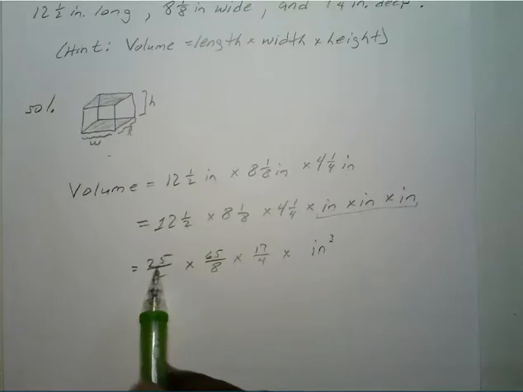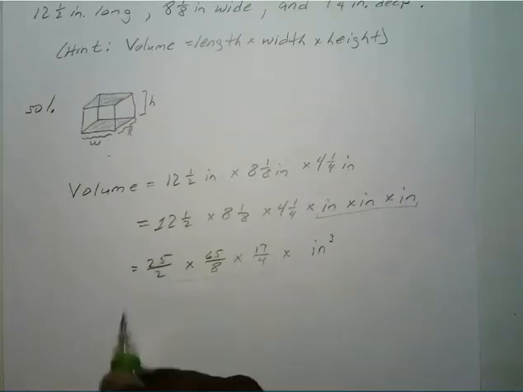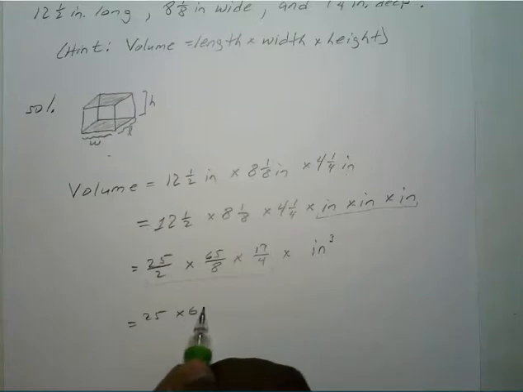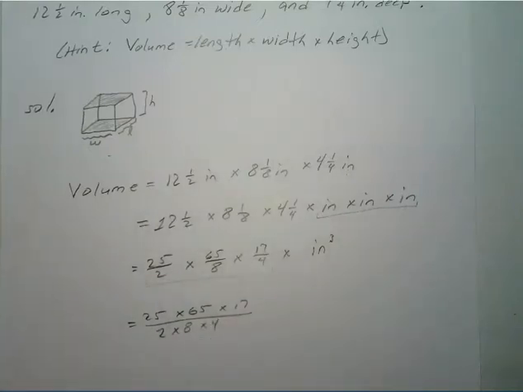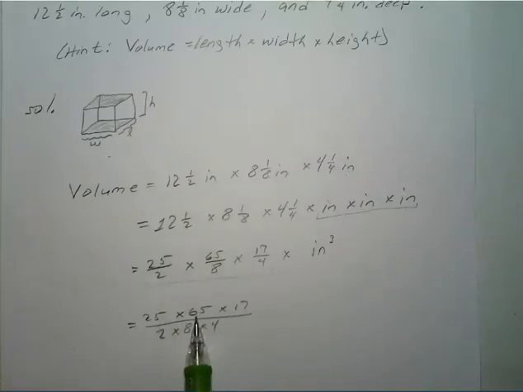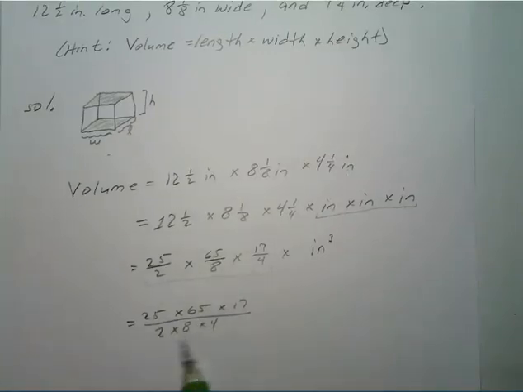So this part of it will just become 25 times 65 times 17 all over 2 times 8 times 4. Unfortunately, this one cannot be simplified any more than this, because if you make this 5 times 5 or you factor out the 65, it will cancel out with nothing on the bottom.